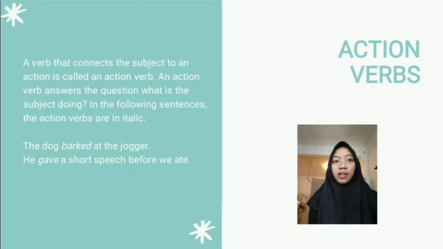A verb that connects the subject to an action is called an action verb. An action verb answers the question, what is the subject doing? In the following sentences, the action verbs are in italics. For example, "The dog barked at the jogger," and "He gave a short speech before we eat."